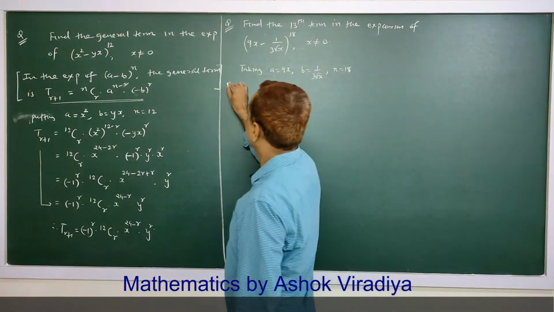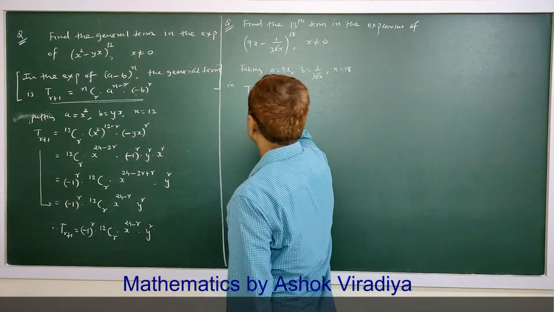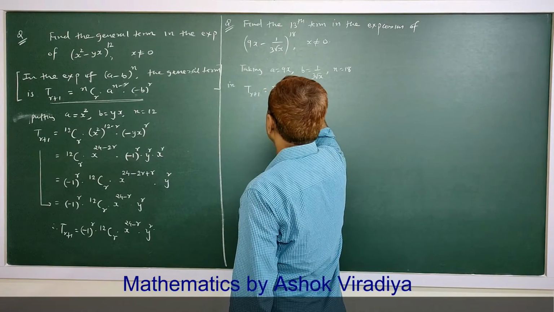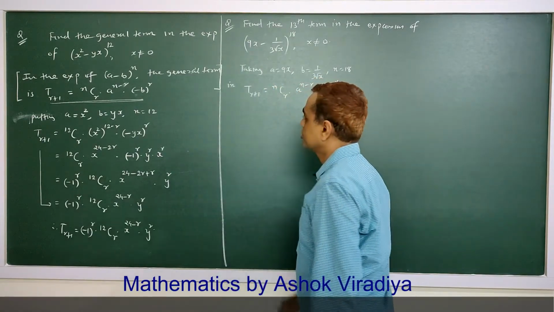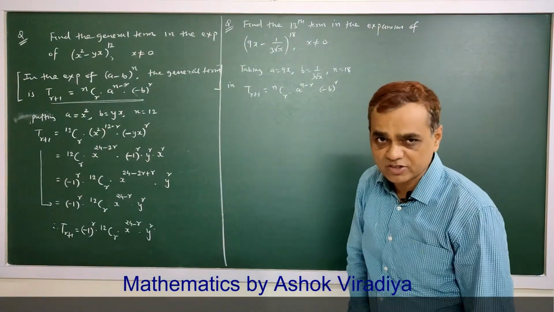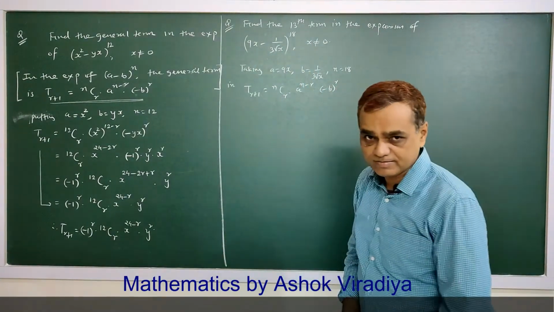In the formula, the r plus 1th term is nCr a raised to n minus r into (minus b) raised to r. Same formula, which is the general term of (a minus b) raised to n.